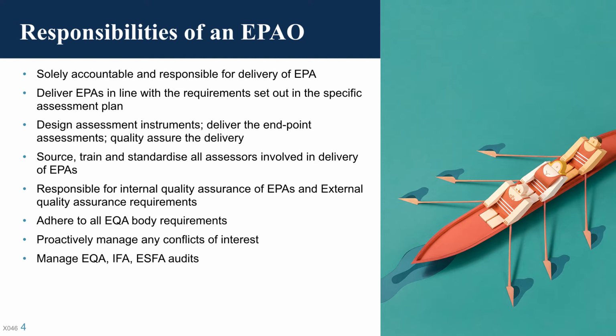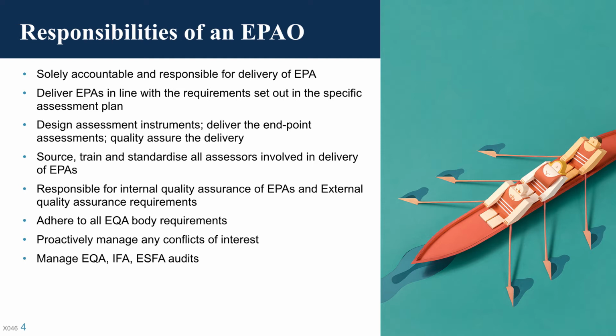So again, as an EPA organization, it's our responsibility to manage any type of audits which come up from either of those EQA bodies, depending on the standard. The Institute for Apprenticeships also carries out their own audits as well from a quality assurance, standardization, and validity and comparability across EPAO's perspective.